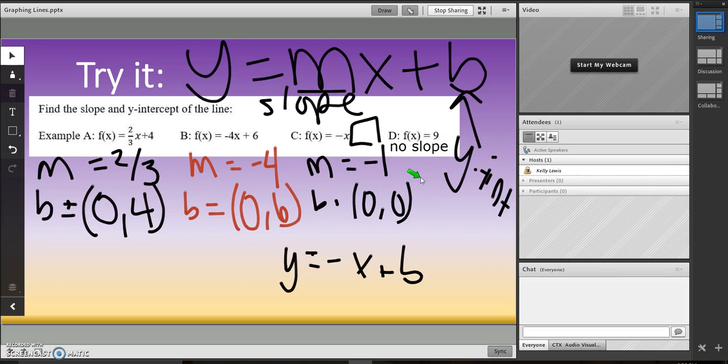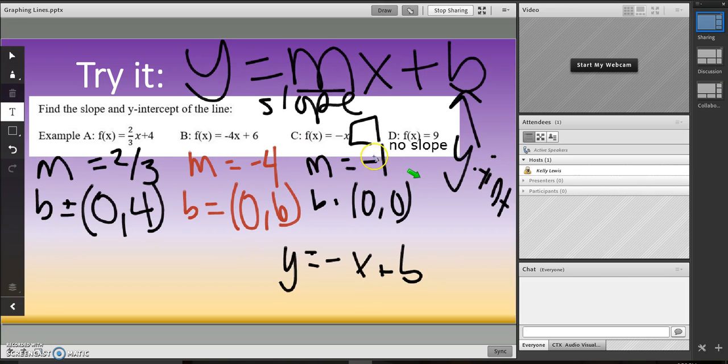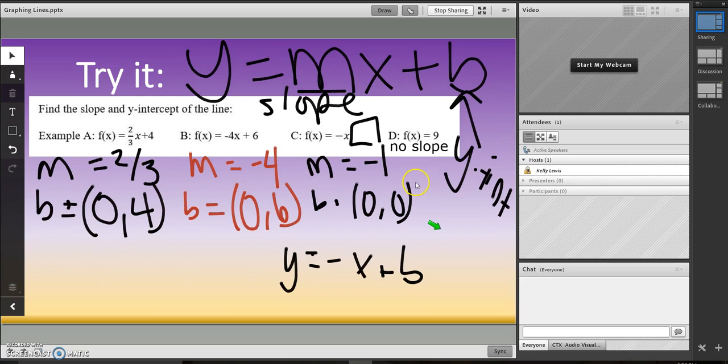I mean, the slope is 0 because 0 times x is 0. That's fine, you could write that. So you could write no slope, or you could write m equals 0. All right, and then our y-intercept is 0, 9. I typed it out because I was kind of squished for space because I write so big.